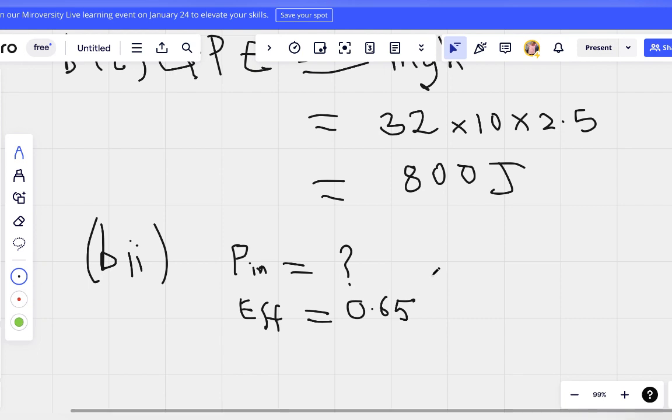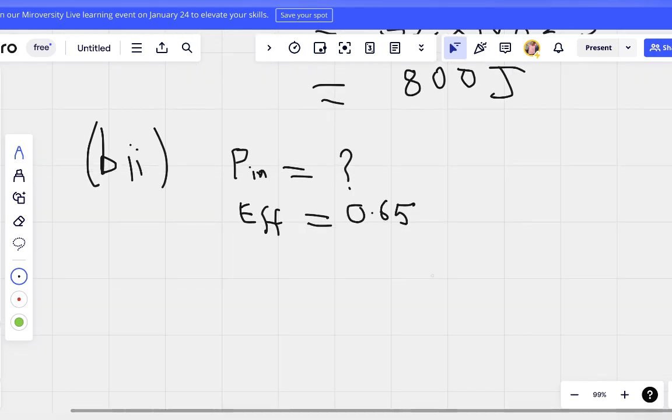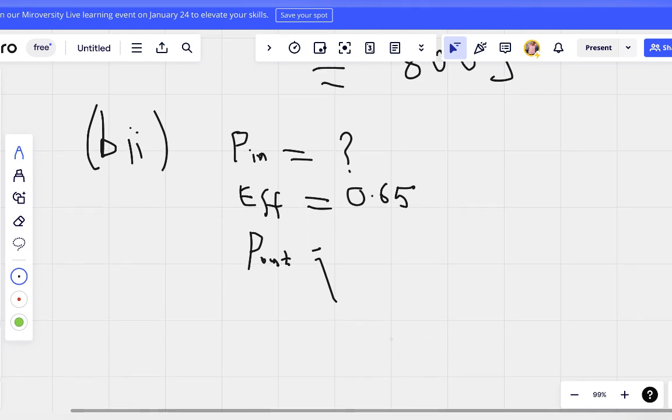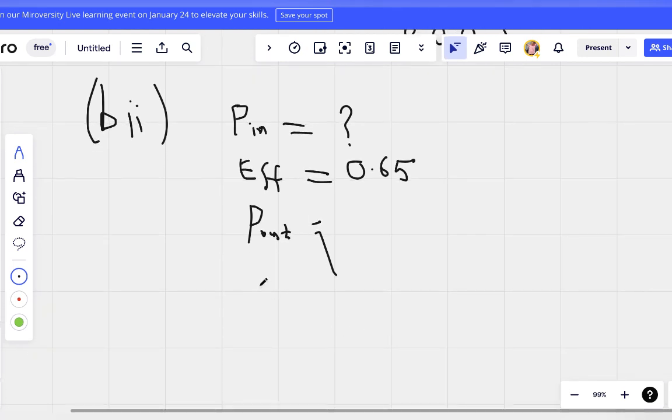Then the output power, you need these 3 parameters in order for us to calculate anything. We call the output power P out. We need to calculate it before we can find the input power. Let's write the formula for efficiency.